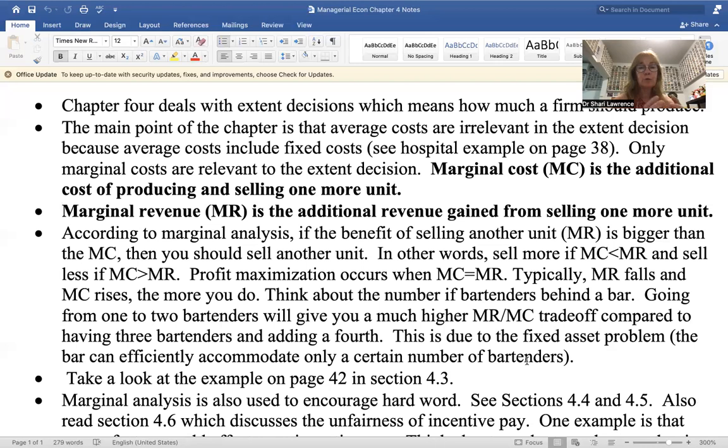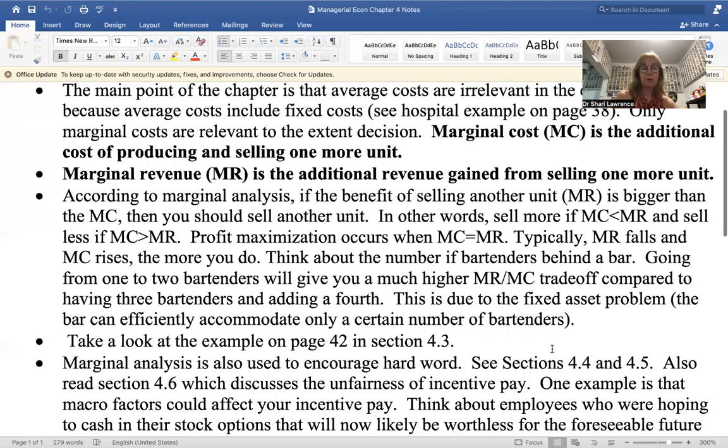In the short run, meaning during a period of 1 year, if demand is increased, they can produce and produce and produce until marginal revenue equals marginal cost. But there's only so much that they can produce because there's only so many people that they can fit into the plant. In the long run, they could really increase their production, though, by building another plant. So that's what we mean by this fixed asset problem.